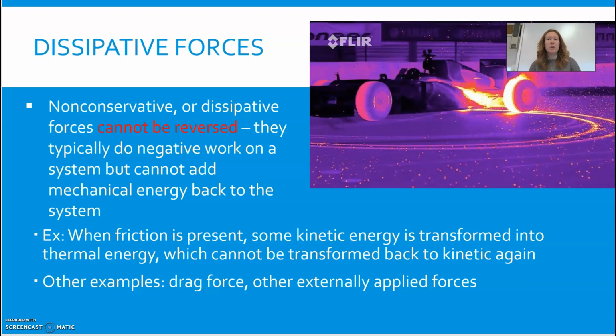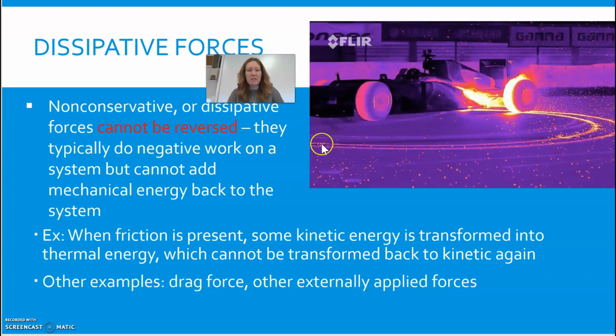Okay, then we talk about non-conservative, or sometimes they're called dissipative forces. I'm not sure if I'm pronouncing that right. But those types of forces, the net work is something other than zero. So a great example is friction or drag force, some other applied force.